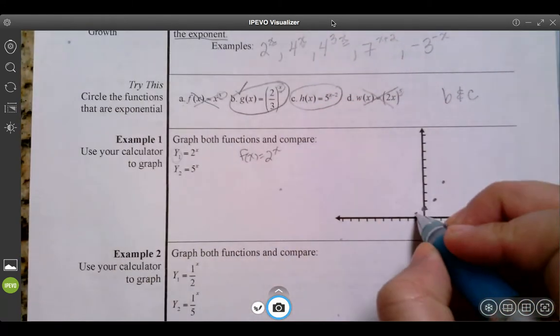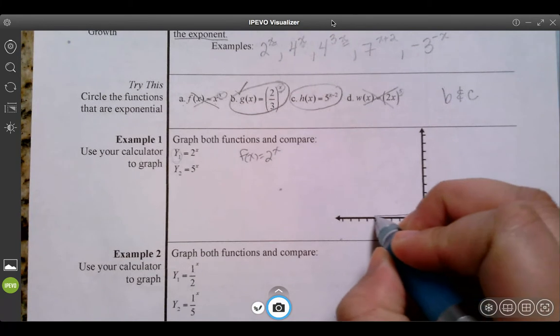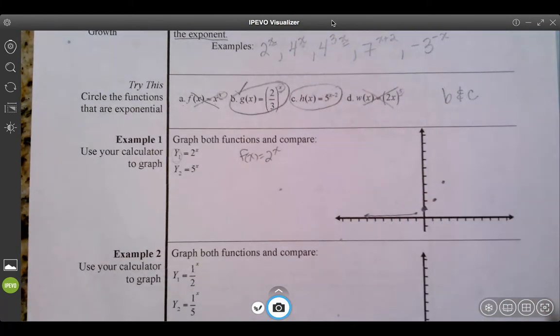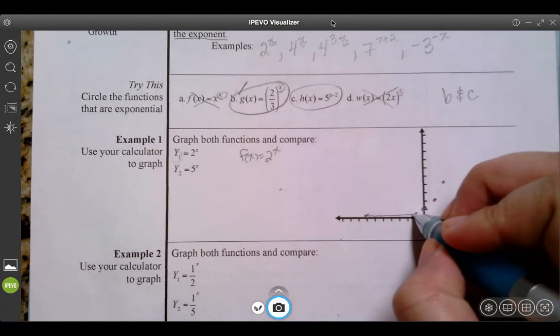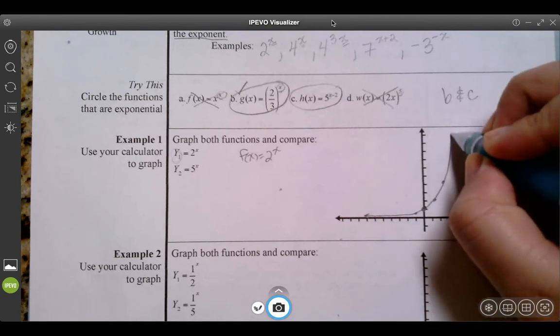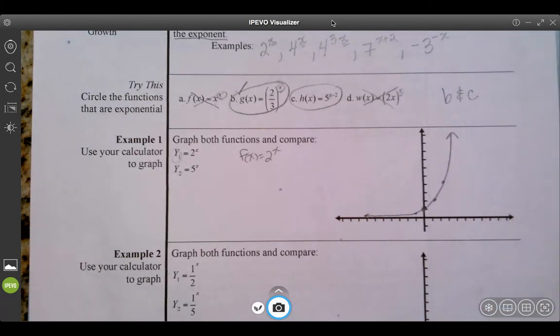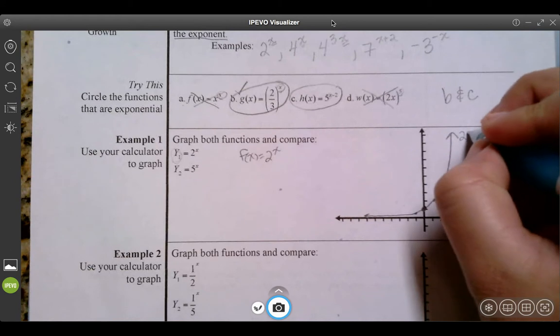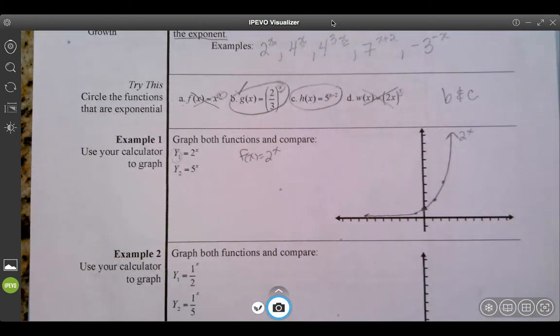So we graph this so that it goes right along the x-axis, then goes up through those points, and keeps getting steeper and steeper. That is 2 to the x. Now this graph should look familiar. It should be very similar to the graph of the number of zombies created in the worksheet that we did in class.